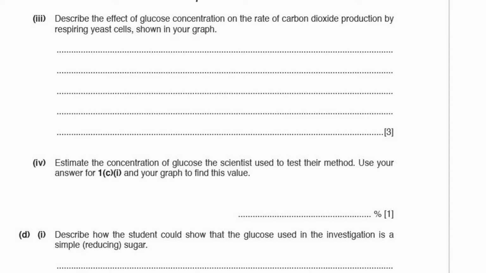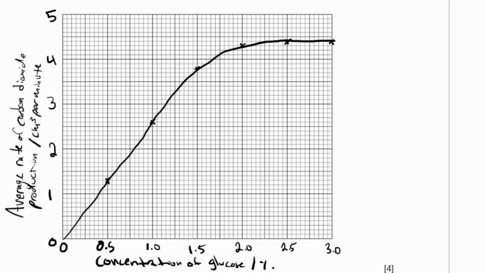3. Describe the effects of glucose concentration on the rate of carbon dioxide production by respiring yeast cells shown in your graph. Okay, so what you can see is that as the concentration of glucose increases, the rate of carbon dioxide production also increases.